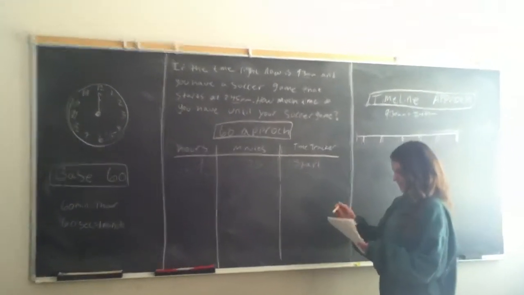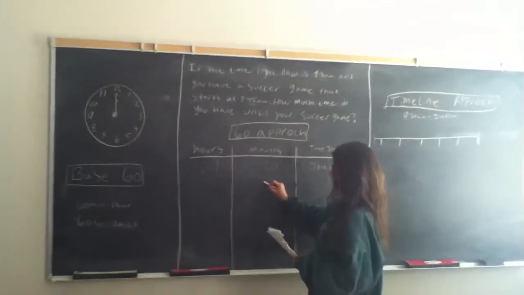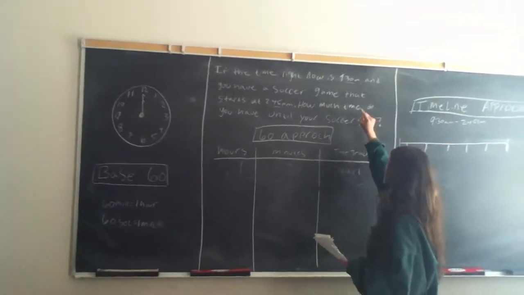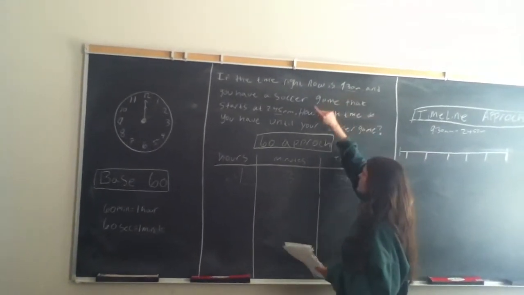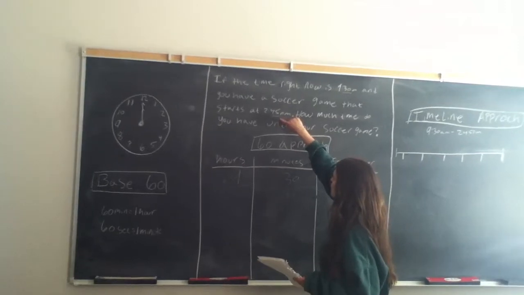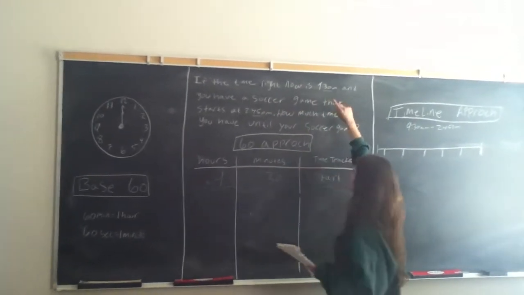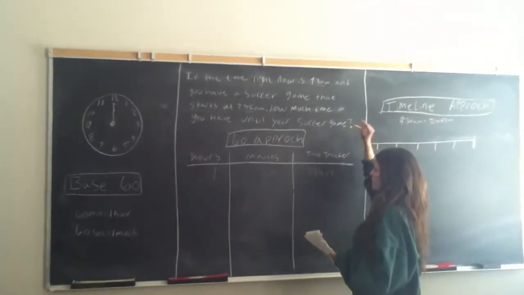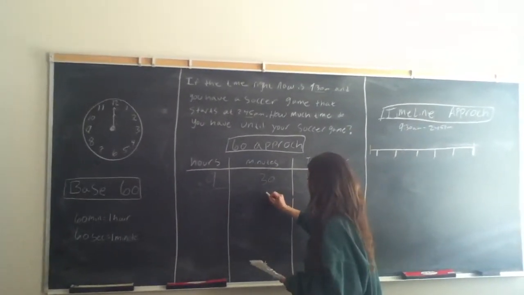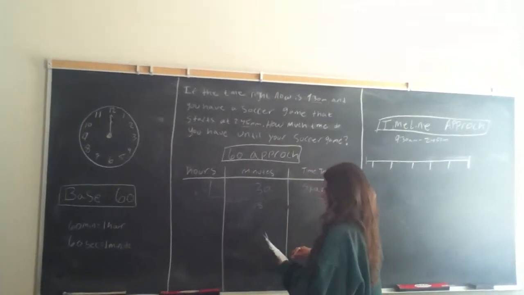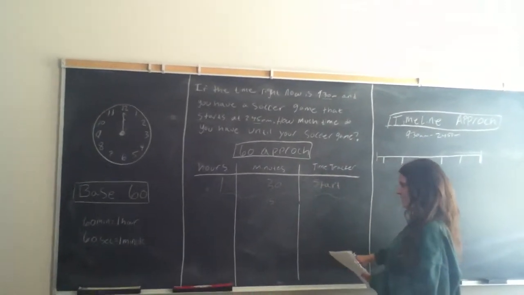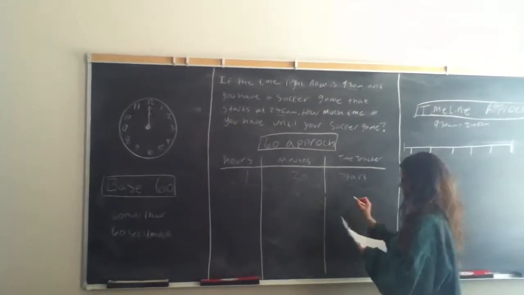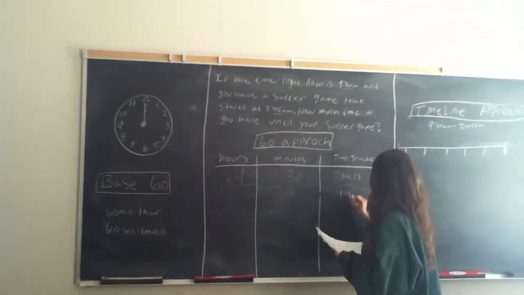So if we add 15 minutes from 9:30 to the 45 minutes, there is 15 minutes in between 30 and 45. So that's why we can add 15 minutes. Some people usually add this at the end, but I like to do it at the beginning. And so now the time would be 9:45.